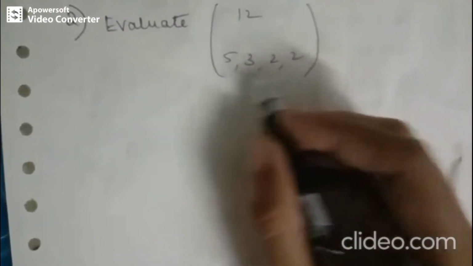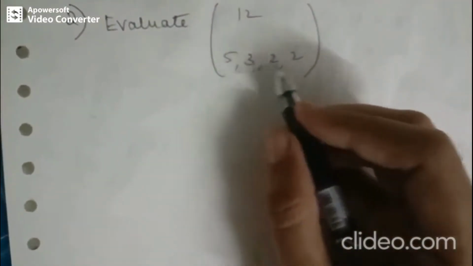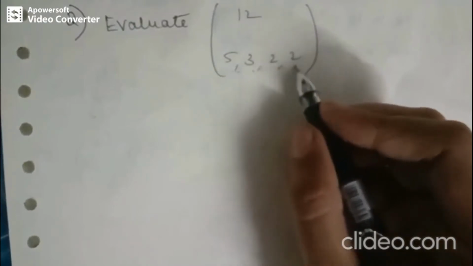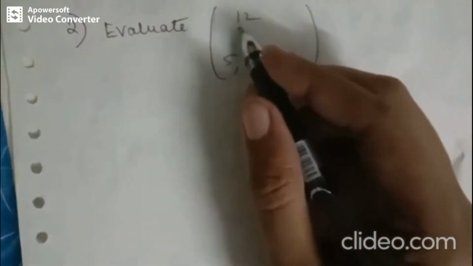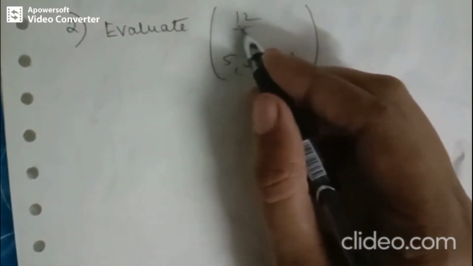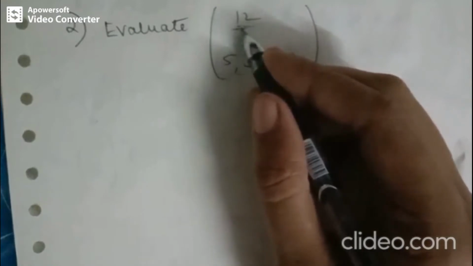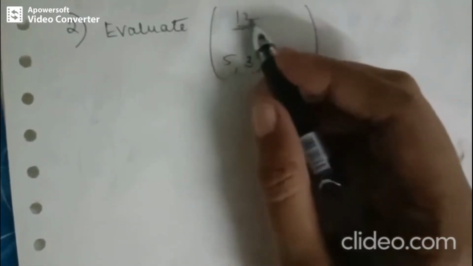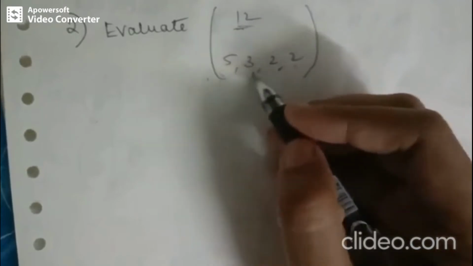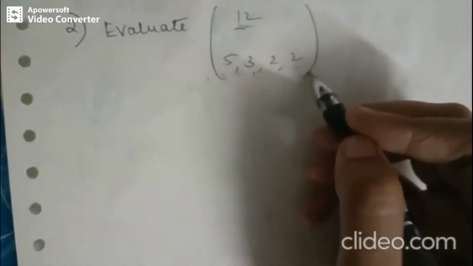You can observe n1 is 5, n2 is 3, n3 is 2, n4 is 2, and your value of n is given as 12. If you recall the theorem, this will be n, and these are n1, n2, n3, and so on up to nk.